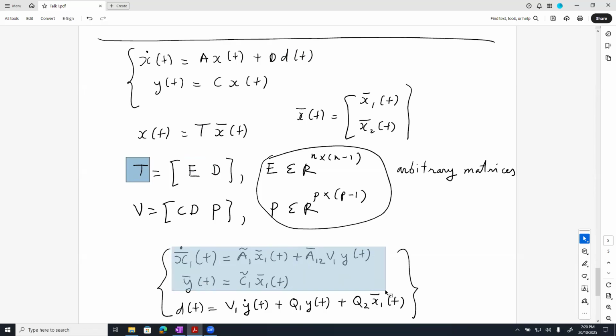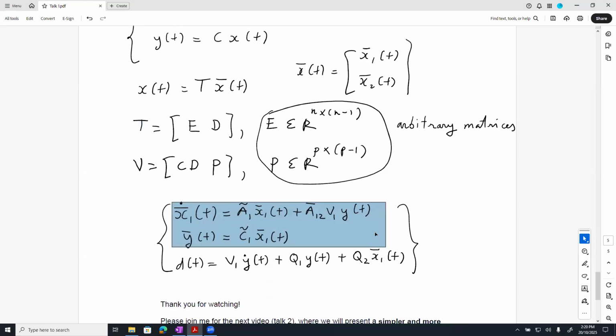And with this reduced order system, which is disturbance free, of course, we require the observer matching condition. If that holds true, we get this reduced order disturbance-free system. And with this system, we can do many things we like to do. For instance, estimate the entire stack vector x1 bar using a reduced order system of dimension n minus p.